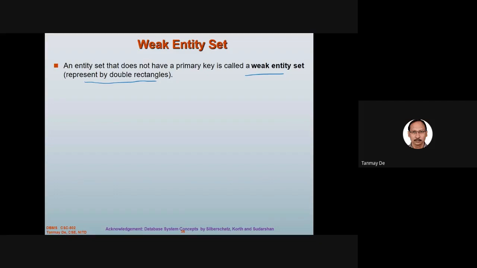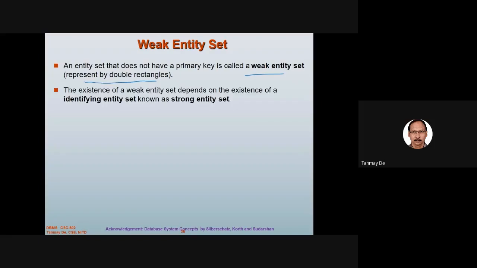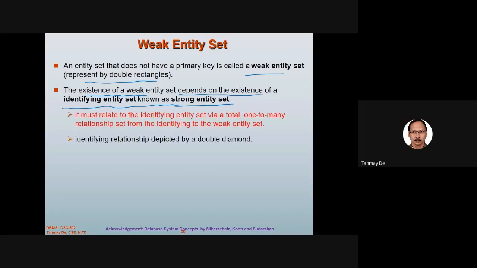So for that, the existence of the weak entity set depends on another strong entity set. That is, the existence of the weak entity set depends on the existence of the identifying entity set, which is a strong entity set, and it must relate to the identifying entity set via total participation. This is total participation.